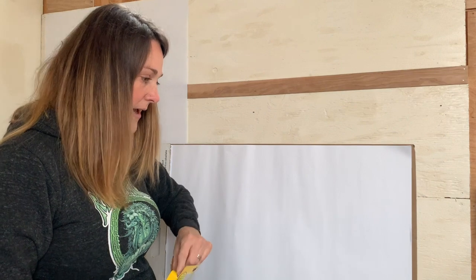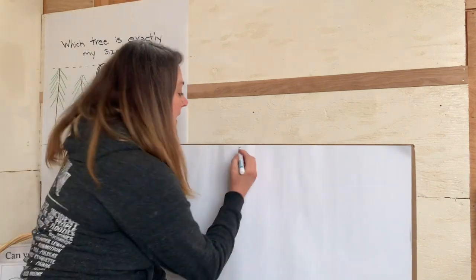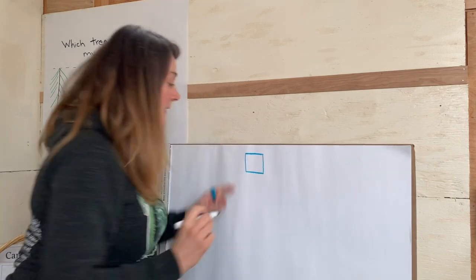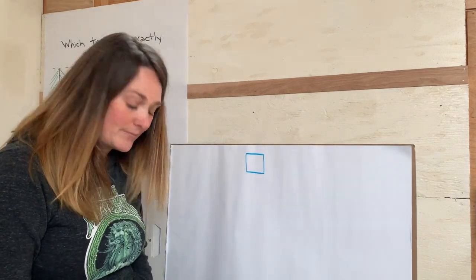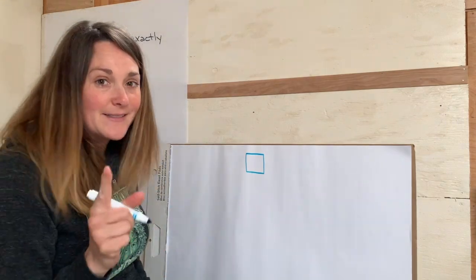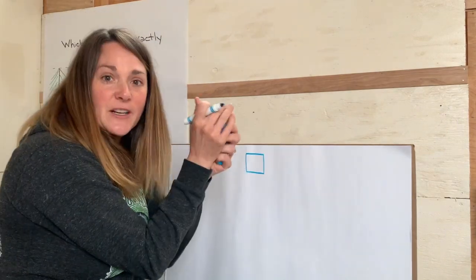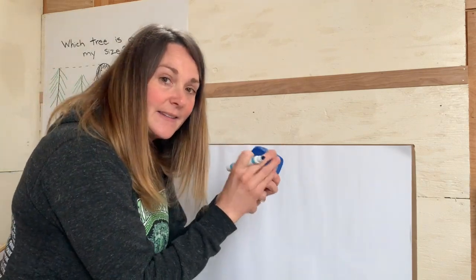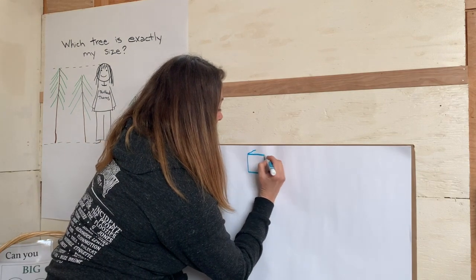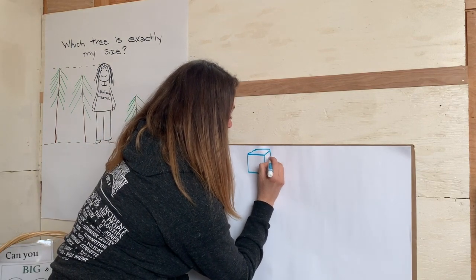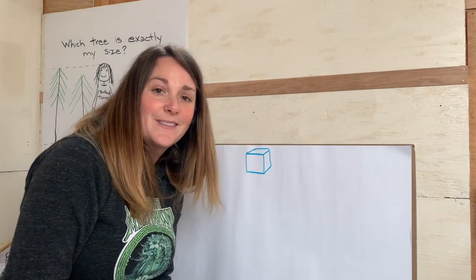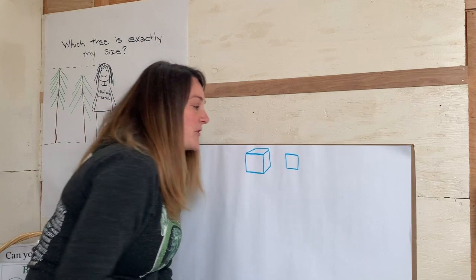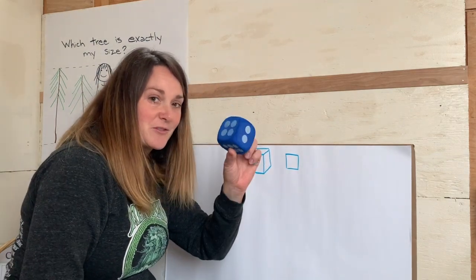I'll try to do it high up on the paper so you can still see. If I were to draw a square on this piece of paper, it's a square. But if the square becomes an object I can hold in my hand like this with different sides, it becomes a cube. So, two-dimensional, three-dimensional.